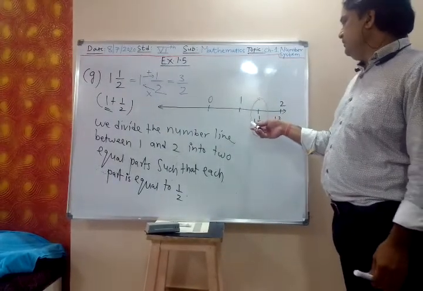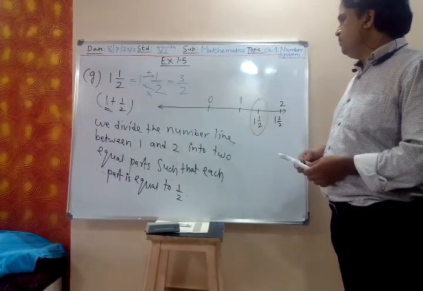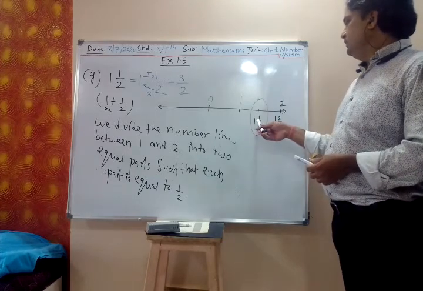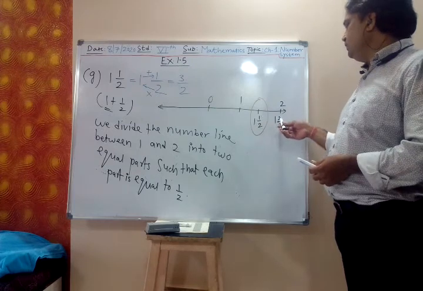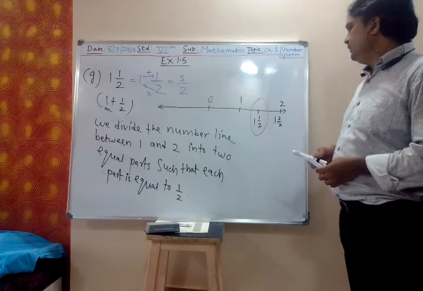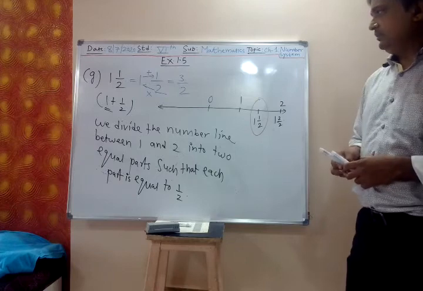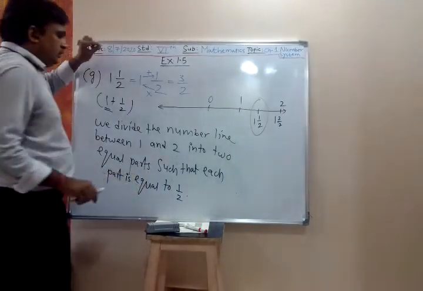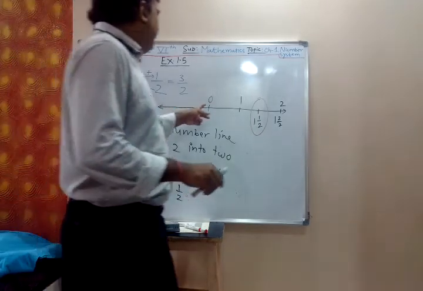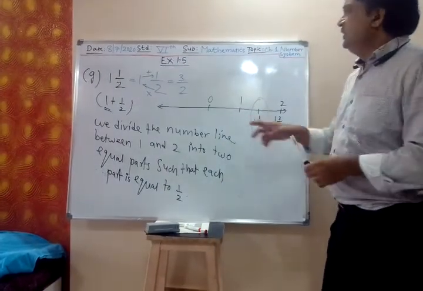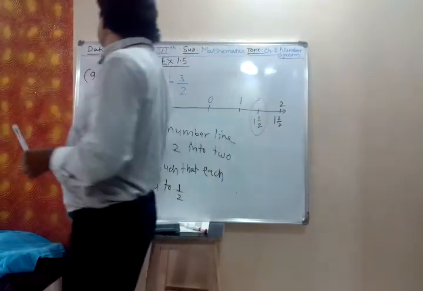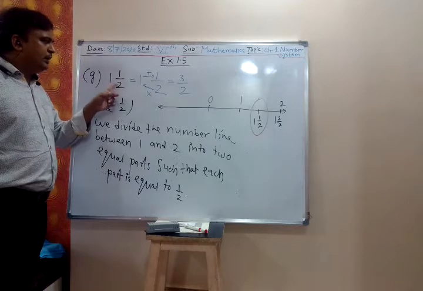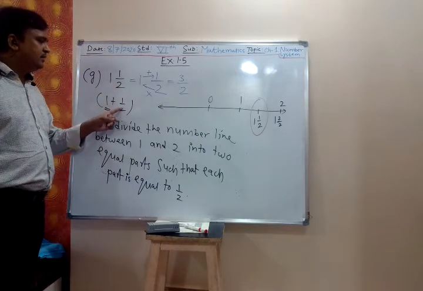So first part will be 1 and 1 by 2, then next is 1 and 2 by 2. 1 and 1 by 2 is bigger than 1, that is 1 plus half.